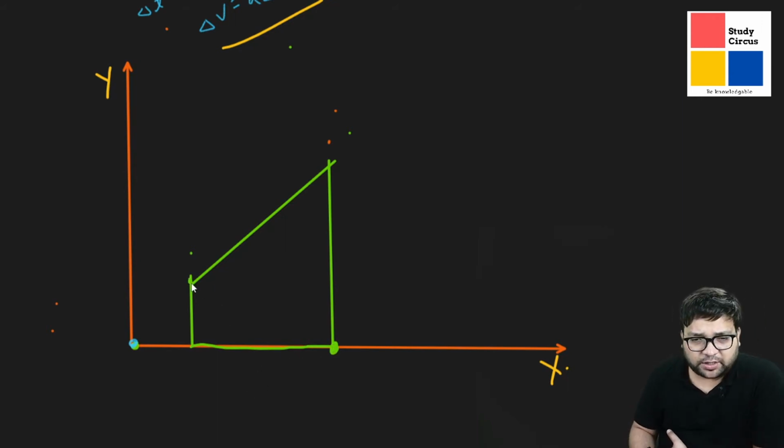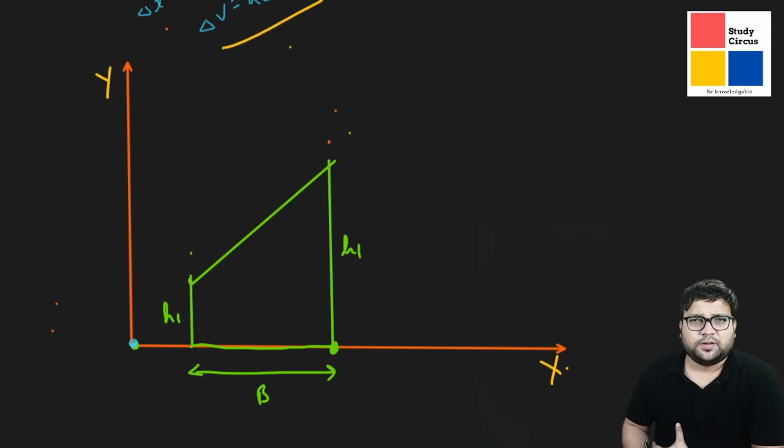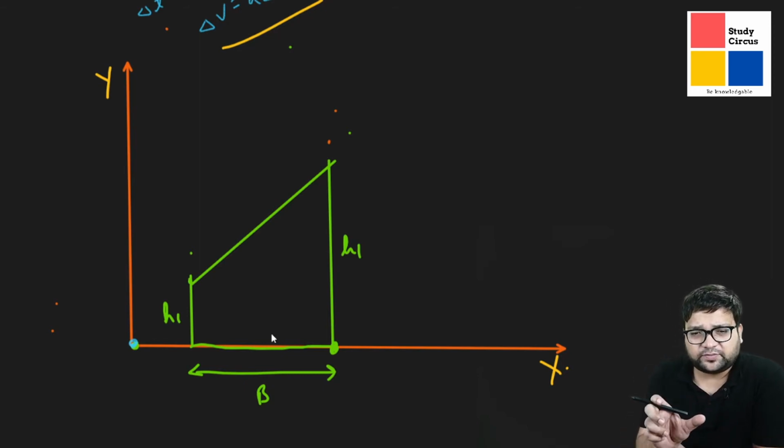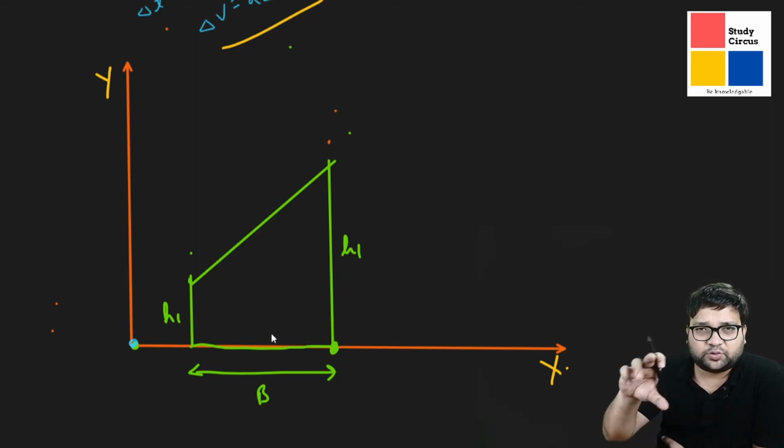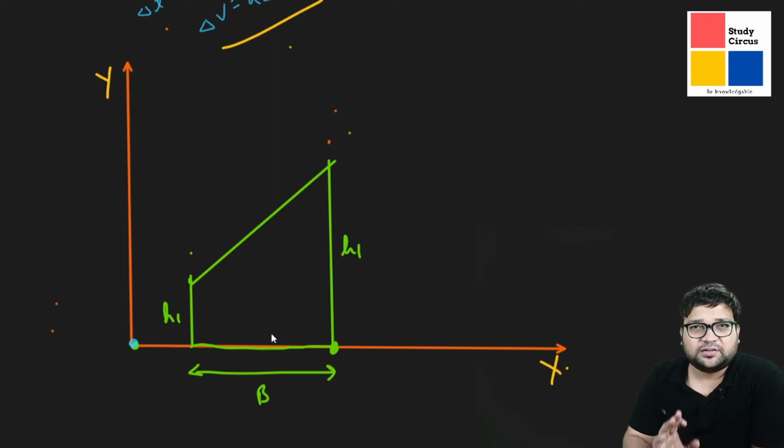Now let's say this height is h1, this height is h2, and this is, let's say, b, the base of the trapezium. Just say b is the length of that base, h1 and h2 are the heights of the two sides as shown.